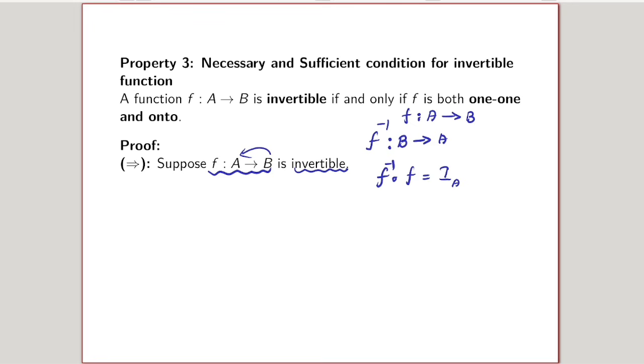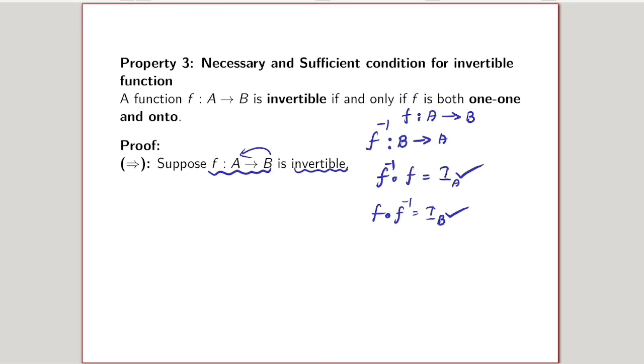If I take f inverse composition with f on the right side, I'll get the map identity I_B. I_A represents the identity map on the set A and I_B represents the identity map on the set B.